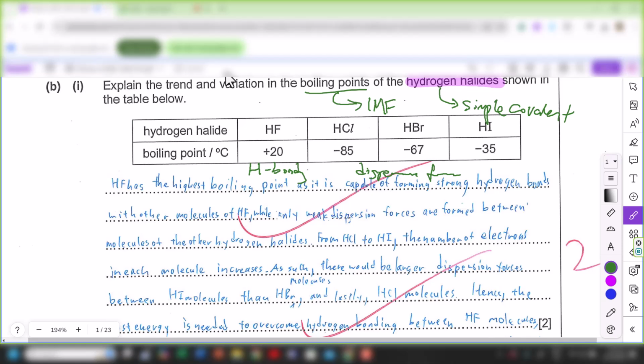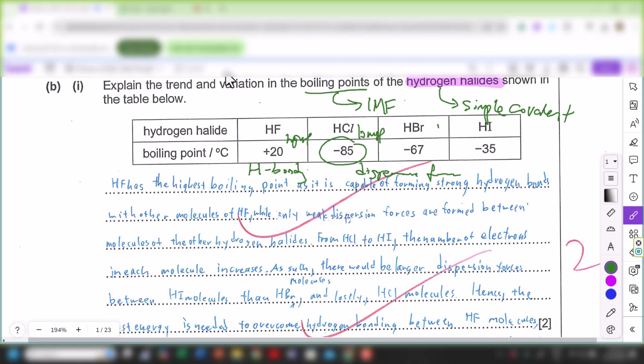Okay, because for PDPD, right, you will expect HCl to have the greatest dipole as compared to HBr and compared to HI, but it doesn't really follow the trend of the boiling point, because the boiling point actually increases, correct? So HF is the highest, then HCl is actually the lowest.